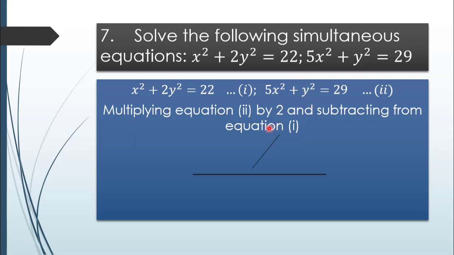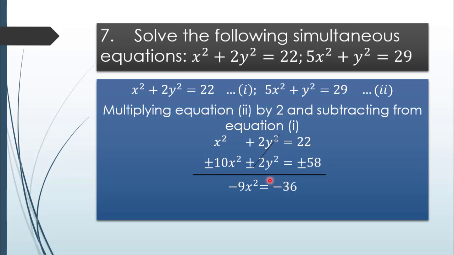Then we subtract equation 2 from equation 1 to remove y square. After simplification, we get minus 9x square is equal to minus 36.